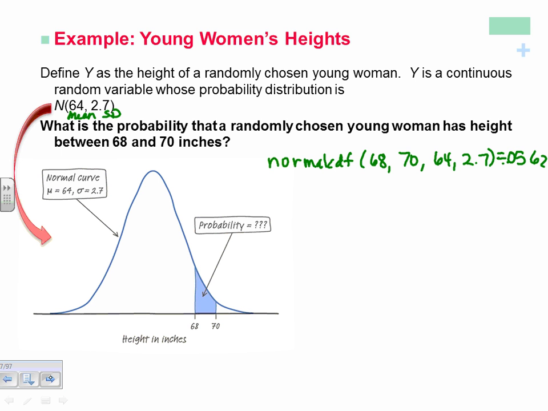So the mean here is 64, one standard deviation is 2.7 out, and say I'm going to be finding this probability. But I know online that's really hard to do.